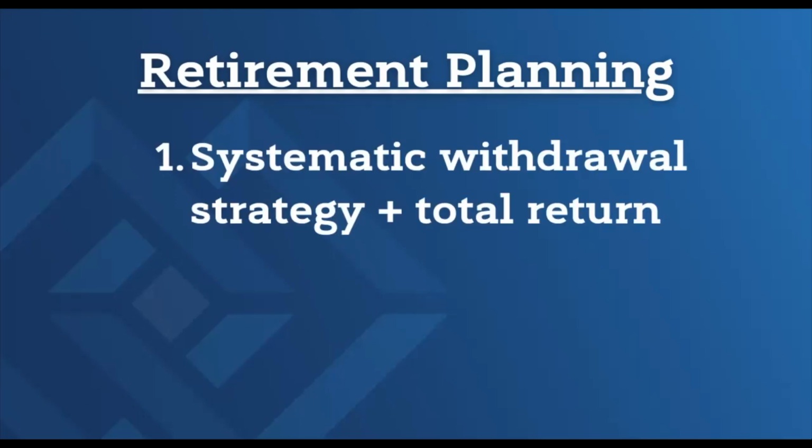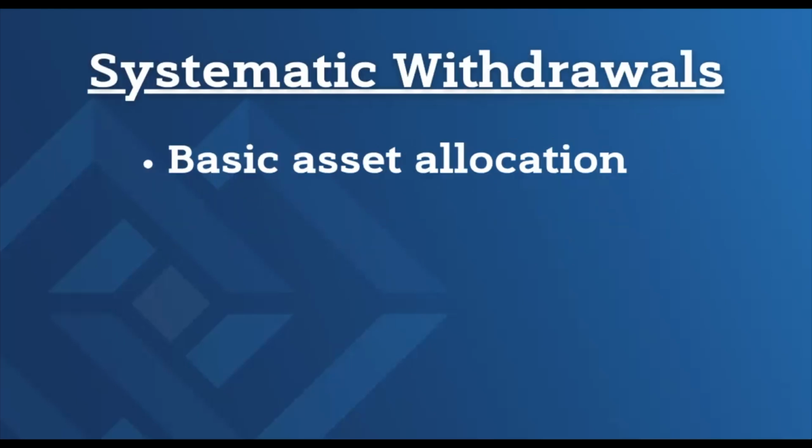The first I'll share is a systematic withdrawal strategy utilizing what's called a total return approach. This means withdrawing income as a fixed amount or percentage of an investment portfolio at regular intervals, often monthly, semi-annually, or annually. And the total return approach involves maintaining a diversified asset allocation between equity and fixed income, and periodically selling a portion of the portfolio, sometimes both principal and earnings, to supplement income needs.